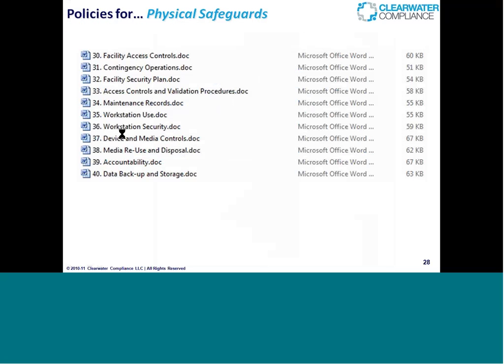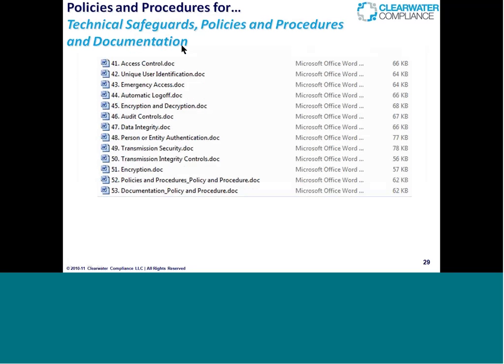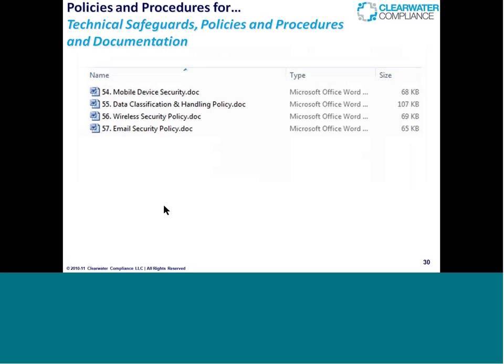Under physical safeguards, this gets at the security around your computer room, security around workstations, security around media devices, the dismantlement or taking equipment out of service, what you must do with it from a responsible, appropriate, and reasonable safeguard point of view. There are technical safeguards, and then policies and procedures and documentation required. These are the core 53. We've worked on and built all these.